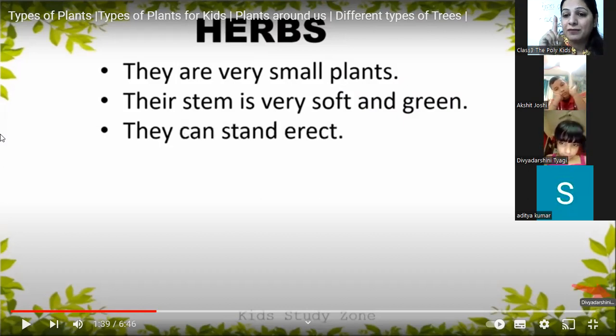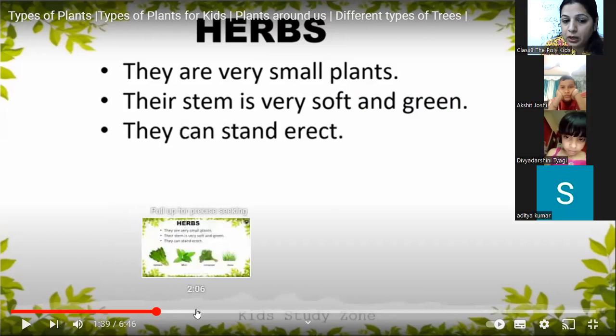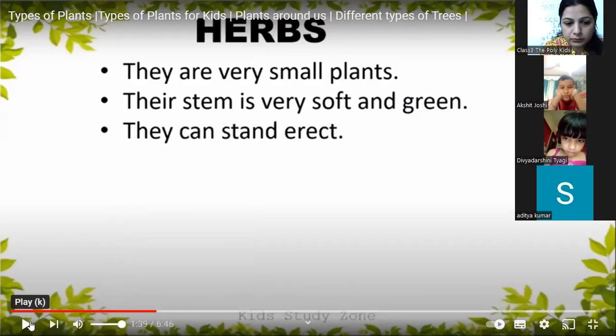Same is with grass. If you have seen grass, it is also very soft and green in color. So they come under the category of herbs. Can stand erect.